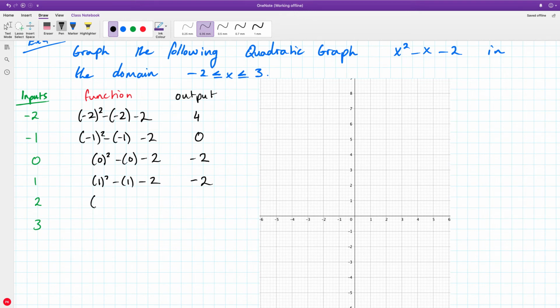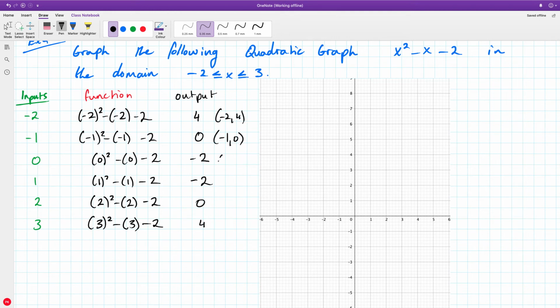We're putting in 2 to be squared, minus 2, minus 2, which is 0. And we're putting in 3 to be squared, minus 3, minus 2, which is 4.